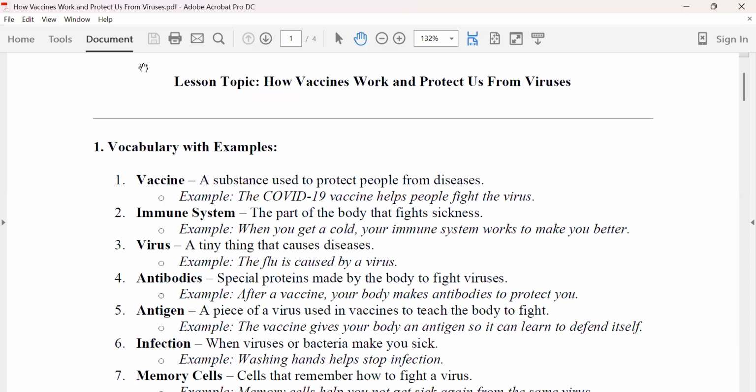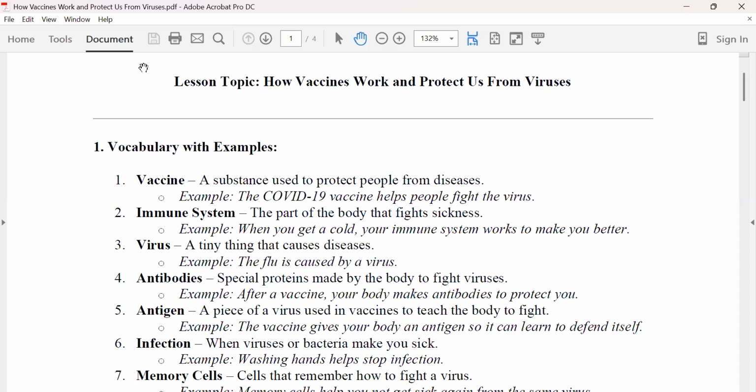Number three, virus is a tiny thing that causes diseases. Example, the flu is caused by a virus. Antibodies mean special proteins made by the body to fight viruses. Example, after a vaccine, your body makes antibodies to protect you.